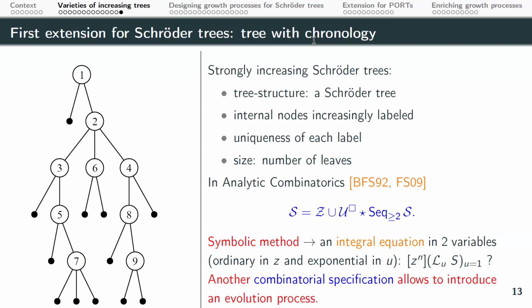So using the symbolic method, we can translate it into an equation satisfied by the bivariate generating function of S depending on S, Z, and U. And in fact, if you are just looking at the size as the number of leaves, we can at a moment put 1 for U and forget all possibilities for U. But we could do this and study this tree, but I want to have some more rich model to define evolutionary trees.